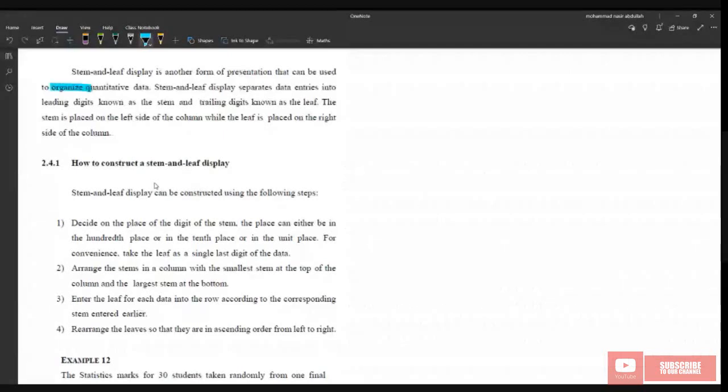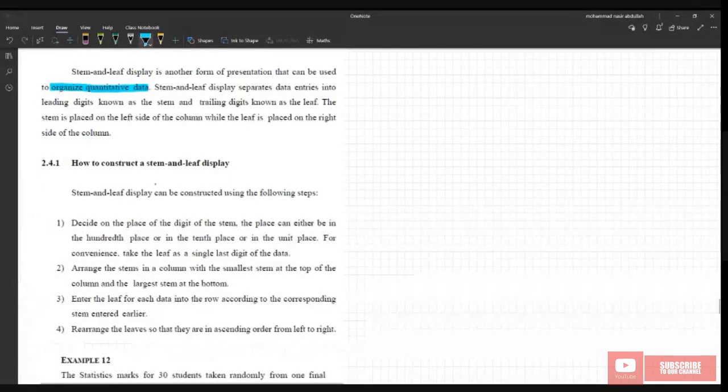Again, stem and leaf is specially designed for quantitative data, right? Last lecture we already looked at qualitative data. For qualitative data we have bar chart and pie chart. For quantitative data we have histogram and stem and leaf. Another one is box plot. We're going to look into that in chapter number 3, right?